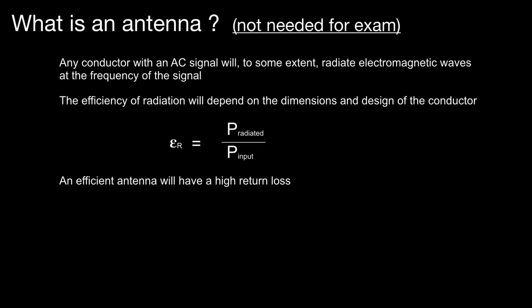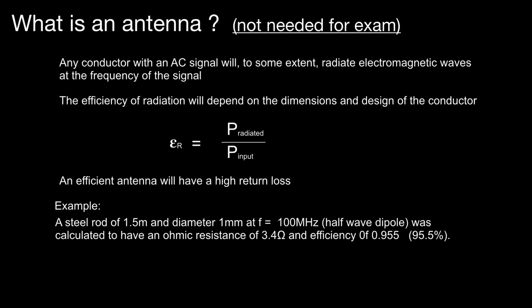And it may also be self-evident that an efficient antenna will have a high return loss because a high proportion of the energy will be radiated and therefore not returned back down the feeder. But that's just an ancillary point.